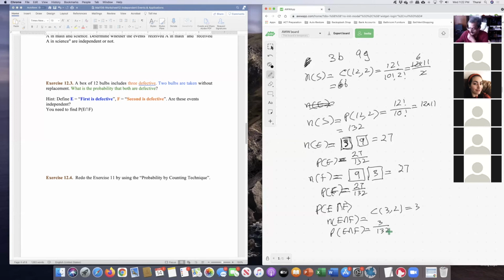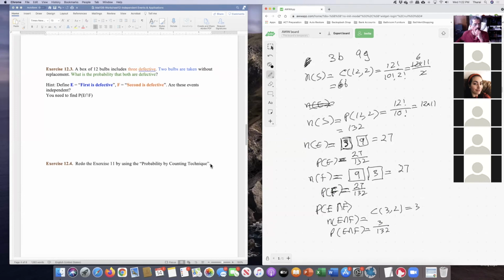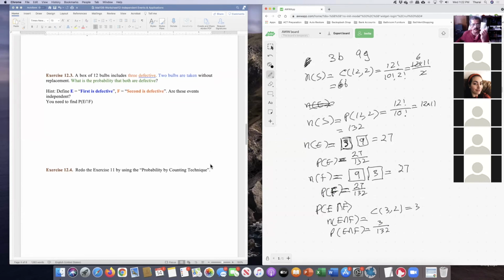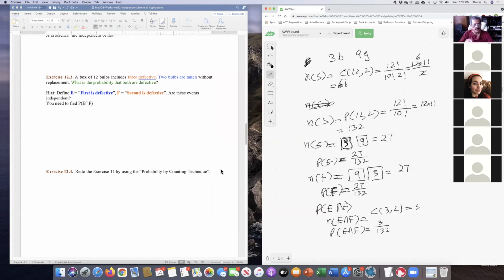So the probability of E intersection F is not equal to the product of the probabilities of E and F. So they're not independent. You can also do it the other way: you find E given F and show whether it's equal to the probability of E. If it is equal to the probability of E, then they are independent. Otherwise, they are not independent.